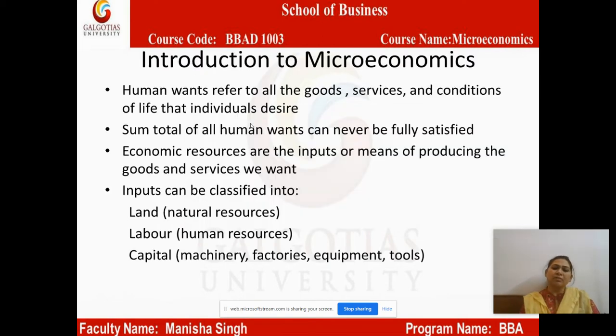If I introduce economics to you, the basic premise of economics, the reason why economics exists in the first place, is that there is a huge mismatch between our demands and the resources available to fulfill those demands.